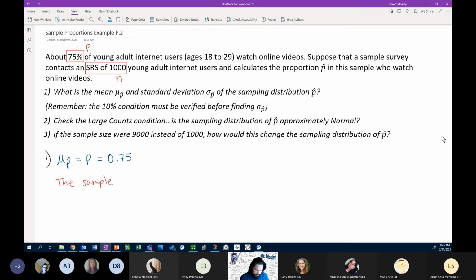So we can say the sample size of 1,000 is less than 10% of all young adult internet users.